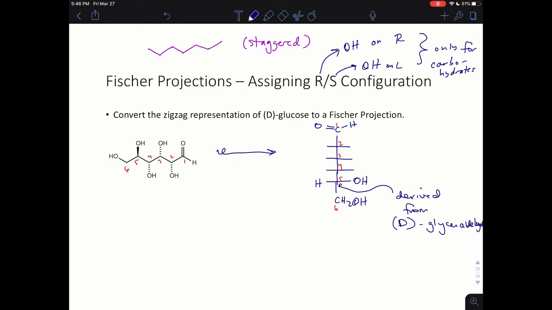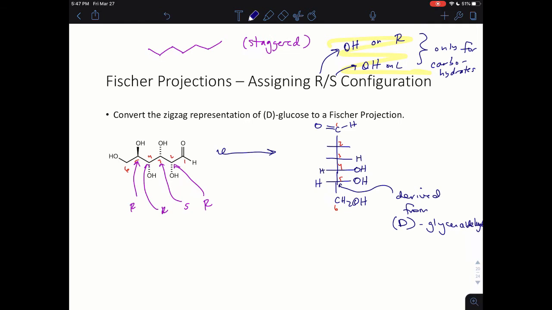So what you can do right now is stop and assign the configuration of all the stereocenters and then follow the shortcut. That's up to you. But then I'll also show you with the model. If you pause and assign the configuration of each stereocenter, you'll have R, R, S, and R. So that means that on carbon 5, you will have the hydroxyl on the right.